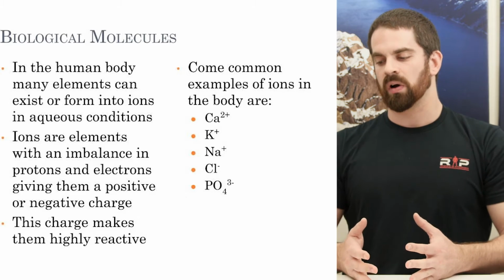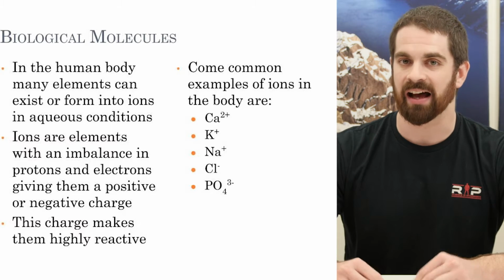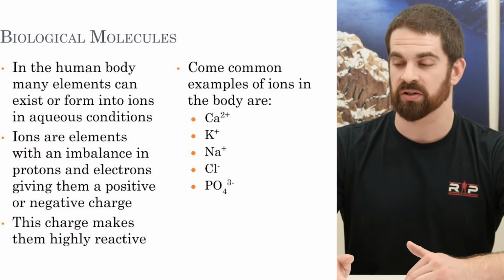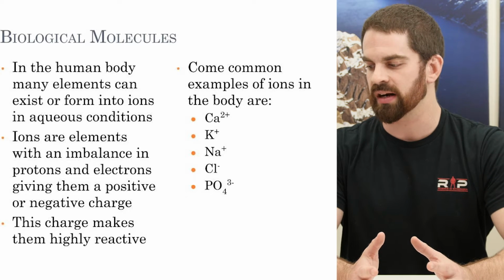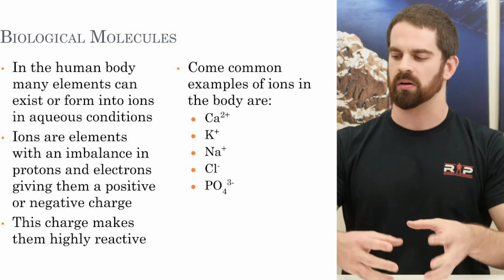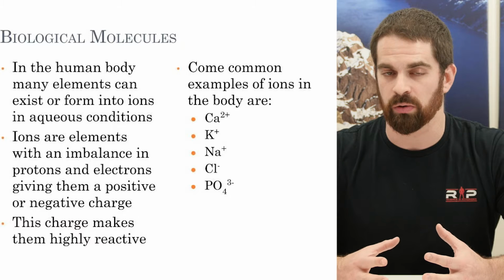These are really common examples of ions that we see in the body. Now, why is this important? Well, this difference in charge makes them highly reactive to other things, especially things that have polar opposite charges. The reason why we see this a lot in the body is because sometimes people will say, oh, calcium, potassium, these things have a net neutral charge. Well, as they exist in the free world, that is true.